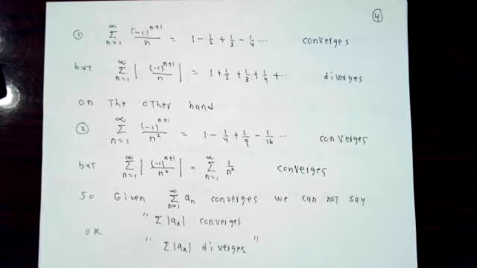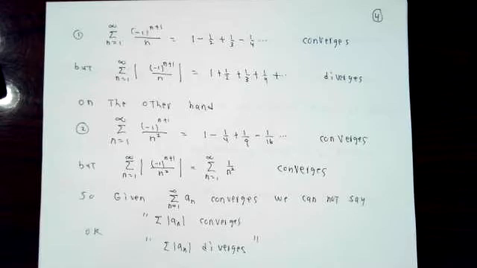But if you take the absolute value of the terms before you add them up, those powers of -1 to the n plus 1, each of them is either 1 or -1. And when you take the absolute value of those numbers, you get 1.